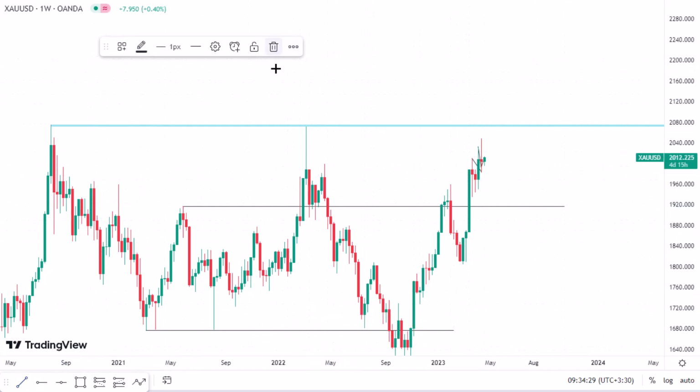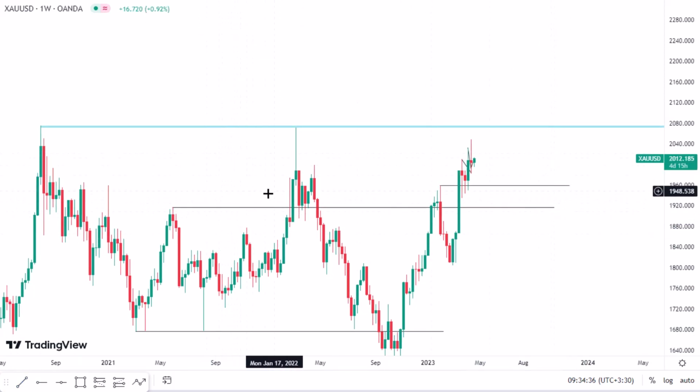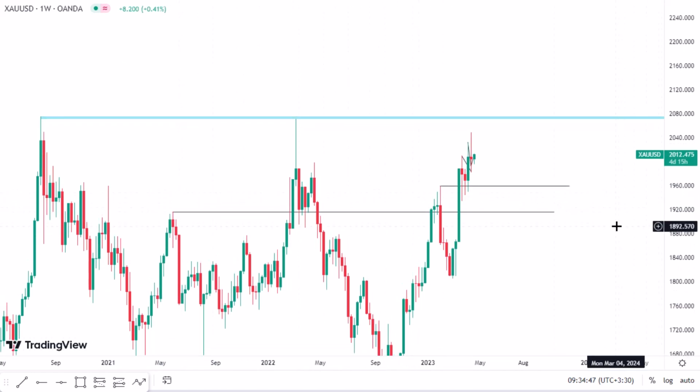Look, like this one. Why are these important? Because these are the major supports and resistances that cause big moves.